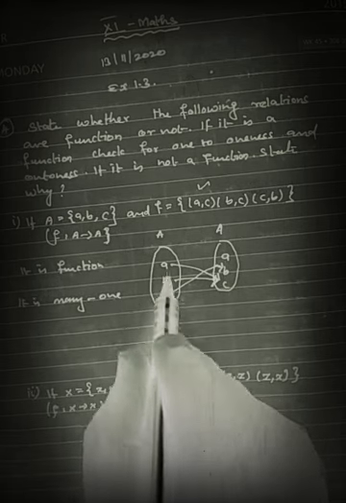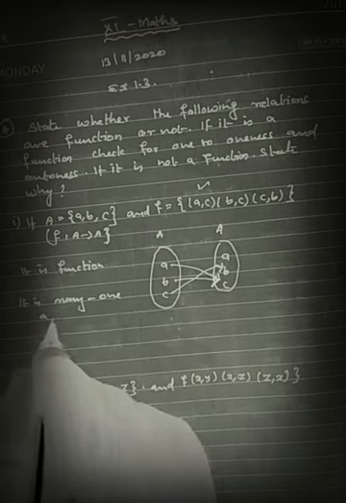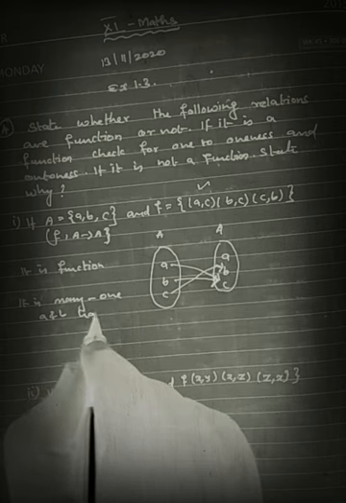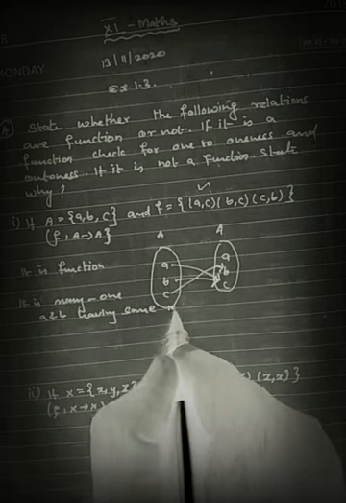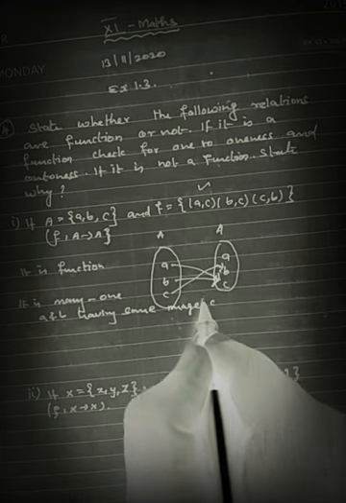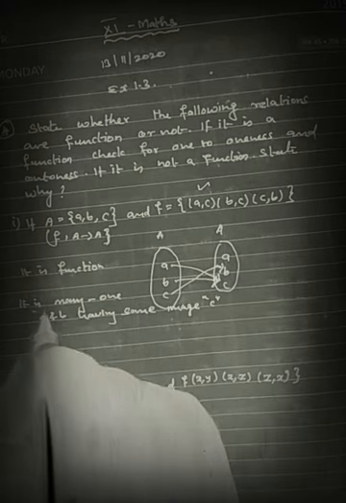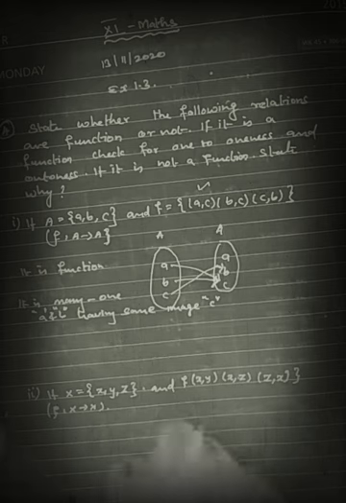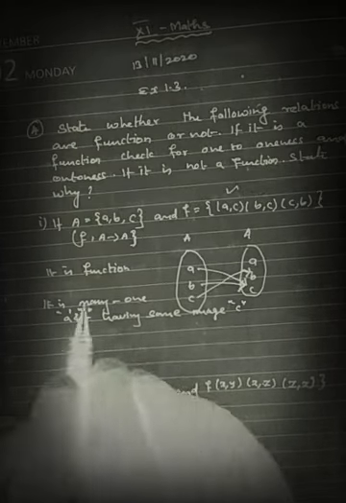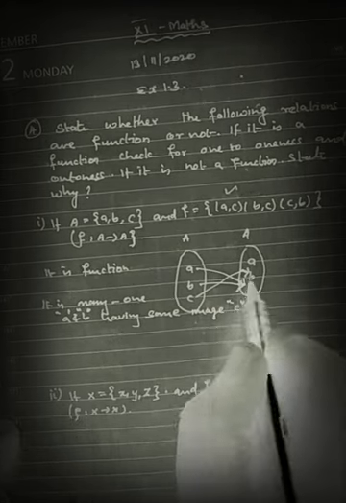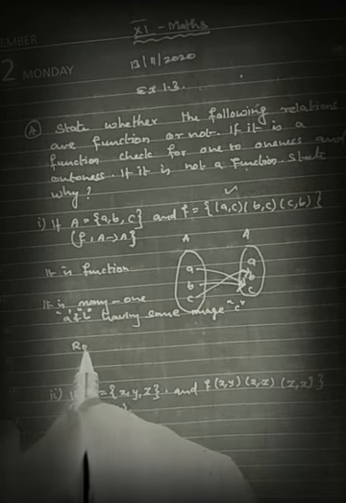Now A and B have the same image, the same image C. Isn't it? A as well as B have the same image. That's why it is not one-to-one, it is many-one. And then what is the range here?